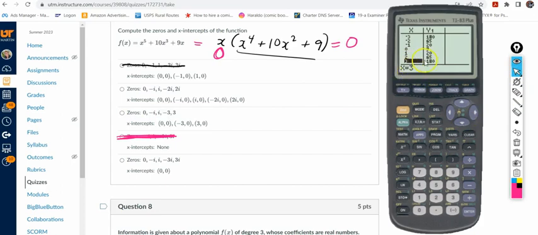And you can see you don't have an x-intercept at 3 because the point (3, 180) is on it. So it's not going to be that one either. Okay, so it's just down to these.